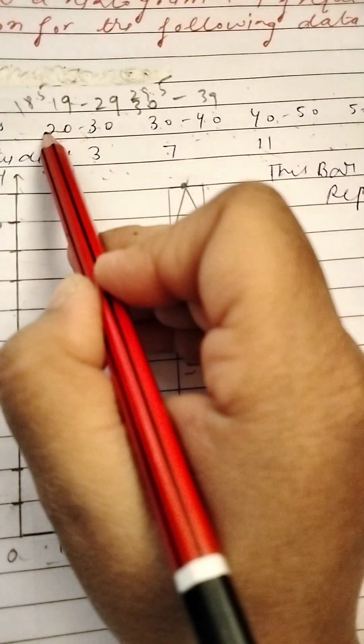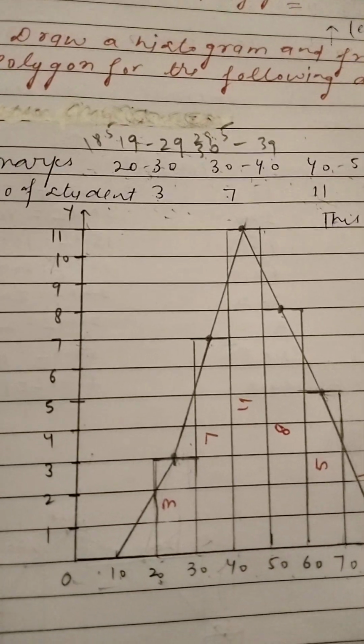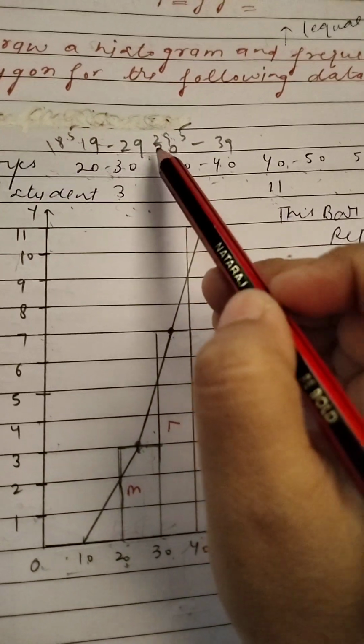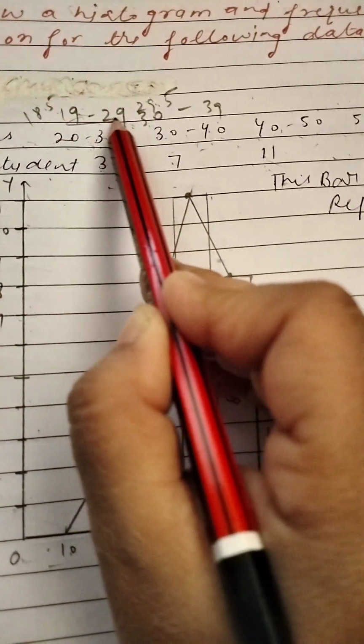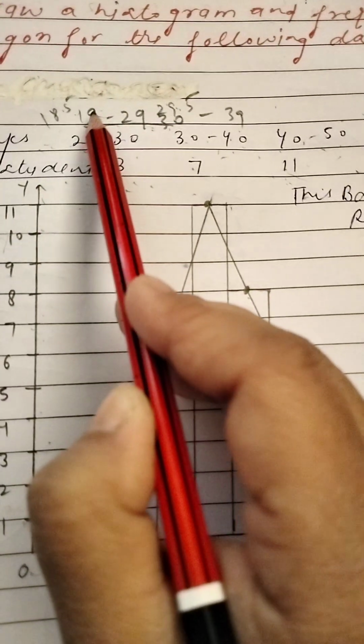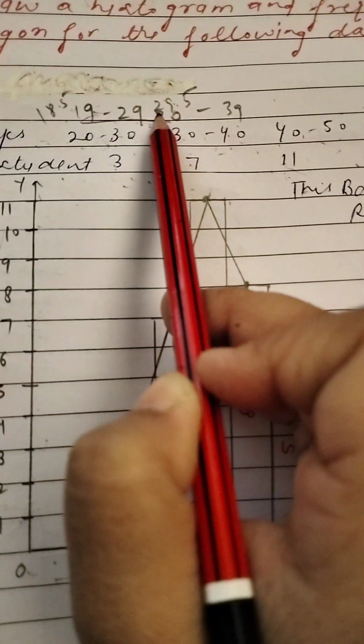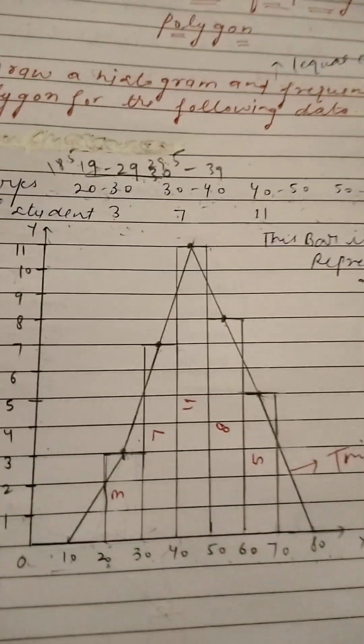It means 0.5 less on this side and 0.5 more on that side. If your question is like that, this is not equal. First of all, you have to make it equal. How to make it equal? You have to do 0.5 less and 0.5 more on this side. There is one question in your notes; you can check it and you will understand.